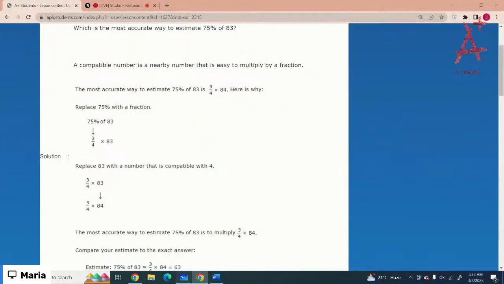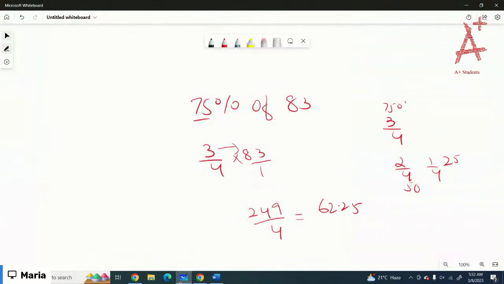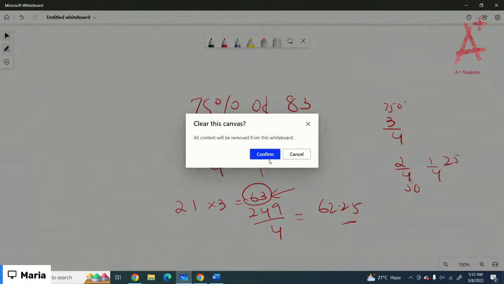Okay, you have to round off 83, because you cannot easily divide 83 by 4. So 84 divided by 4 is 21, and 21 times 3 is 63. So the estimated answer is 63. That is the exact answer, and that is the estimated answer. Got it? Let's just start with the test questions. I will explain again.